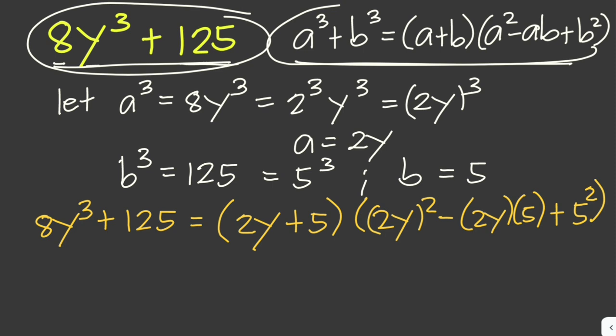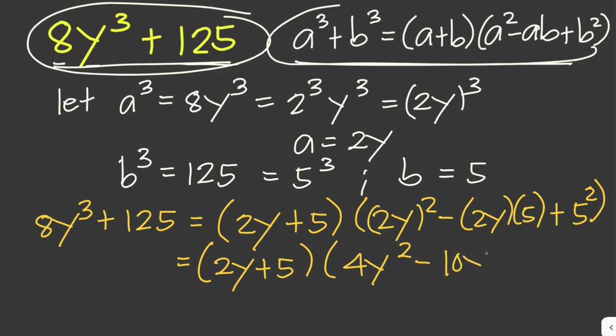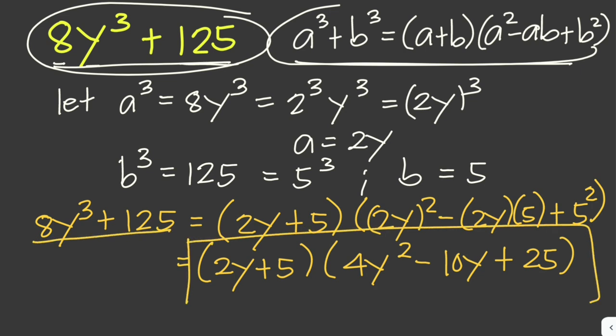Then we simplify this. This is 2y plus 5 times 4y squared minus 10y plus 25. Therefore, 8y cubed plus 125 can be factored as 2y plus 5 times 4y squared minus 10y plus 25.